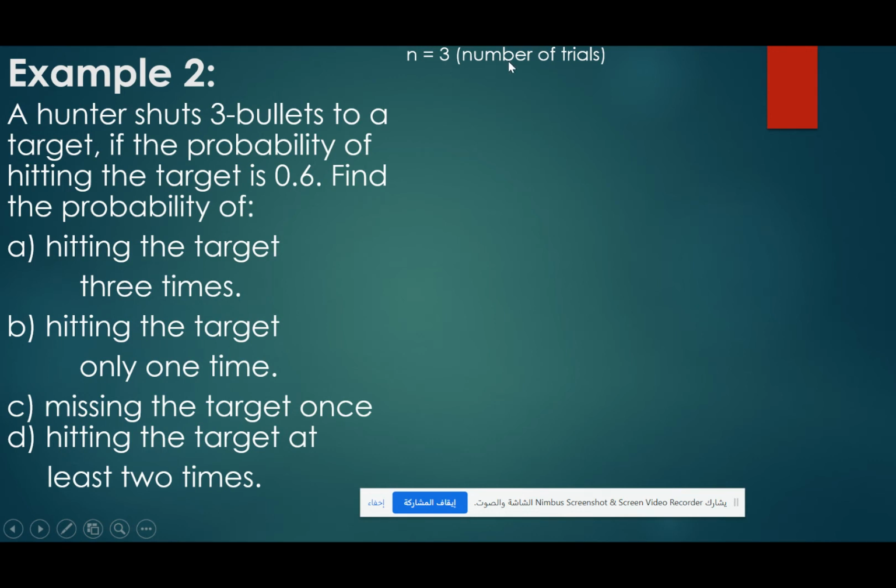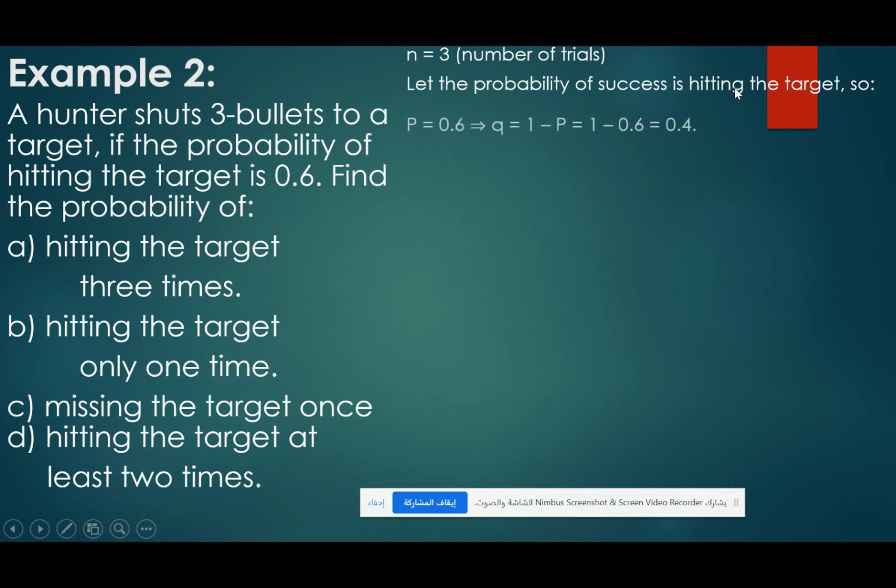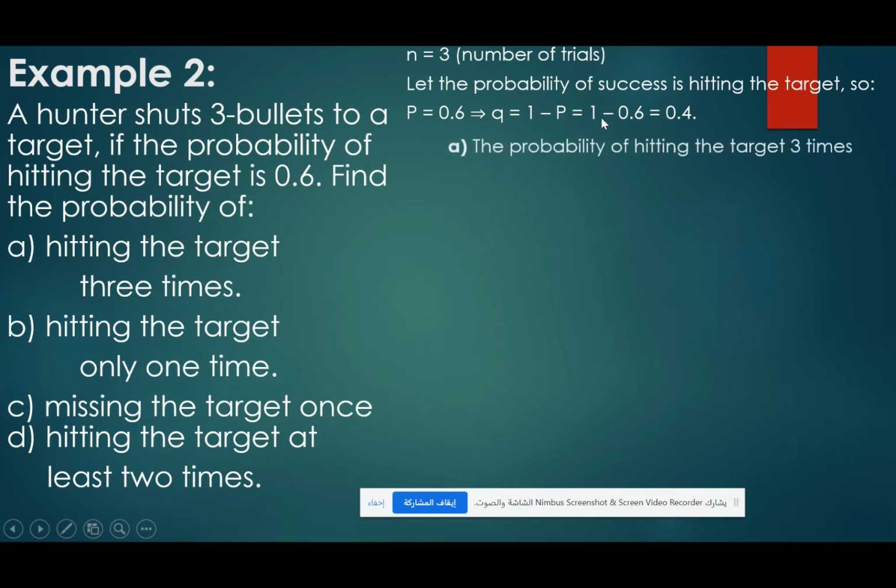N is equal to 3, which is the number of tries, and we can find it from here because he's going to shoot 3 times after each other. The probability of success, hitting the target, is 0.6, and the probability of not hitting it is 1 minus P, which is 1 minus 0.6, which is 0.4.